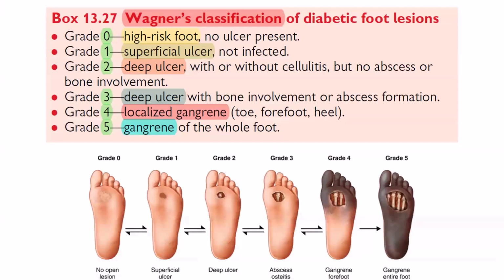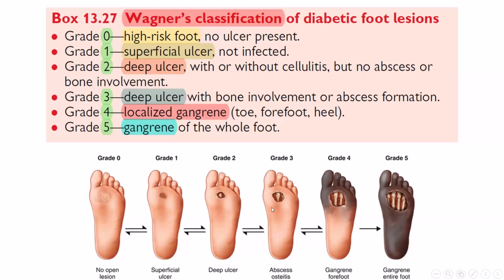And of course, we have different classifications for diabetic foot lesions. One of them is the Wagner classification. The Wagner classification classifies the foot ulcer into 5 grades. Grade 0, the patient is diabetic with just a high risk foot, no ulcer is present. Grade 1, there is a superficial ulcer. Grade 2, there is a deep ulcer with or without cellulitis, but no abscess or pus formation.